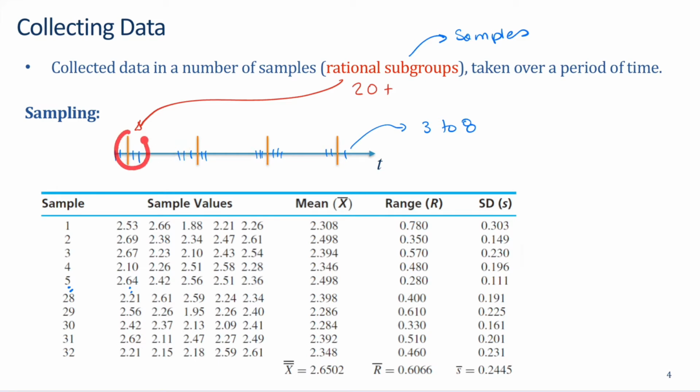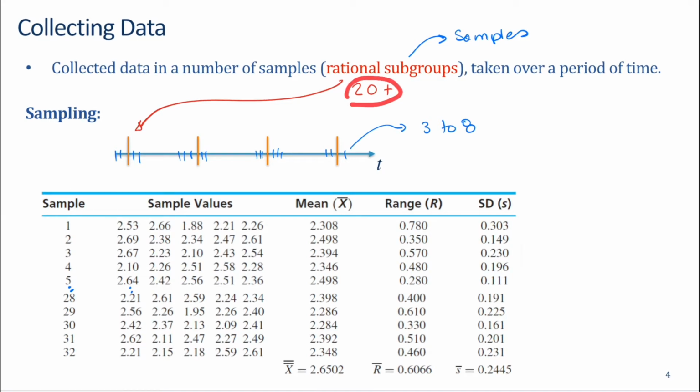Each sample is called a rational subgroup, and we need to have more than 20 of those samples, and each sample consists of the analysis of 3 to 5 units. So in the example that we were, 3 to 8 units.